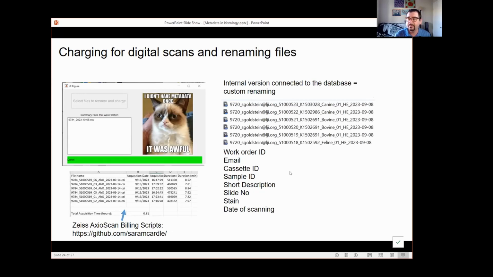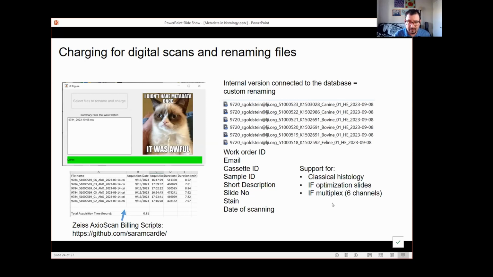But that wouldn't be too useful for the end user. A bunch of numbers are not as good. So we add work order ID, the email of the person who needs to get the files, cassette ID, sample ID, short description, the sequential number of the slide cut from the block, the stain, and the date of scanning.